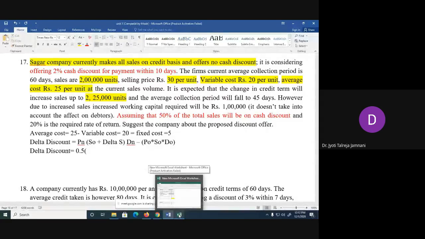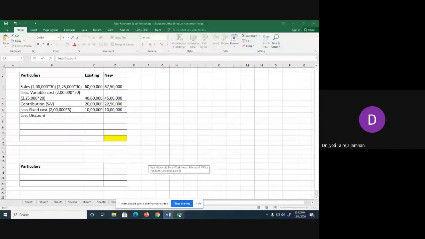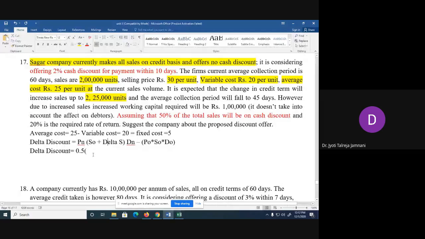So here if you could see, the existing sales is 60 lakh, the new sales is 67 lakh 50,000. So the increase is only 7 lakh 50,000. So it is as good as 60 lakh plus 7 lakh 50,000. We are taking that 67 lakh 50,000. In that 60 lakh is existing sales and 7 lakh 50,000 is the increased value.